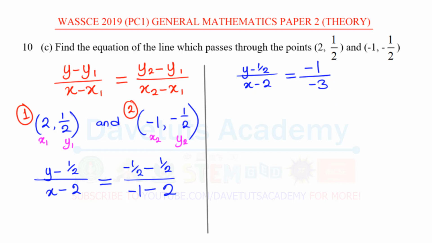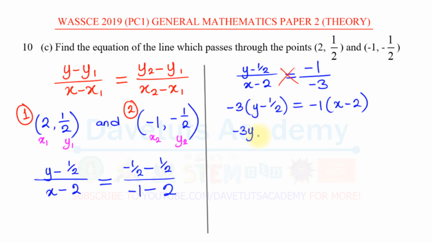So having this now, we can say we want to cross multiply so that we can simplify this on the fly. And if we do that, that will be minus 3 multiplied by y minus 1 over 2 is equal to minus 1 multiplied by x minus 2. Let's open the bracket. This will give us minus 3y.